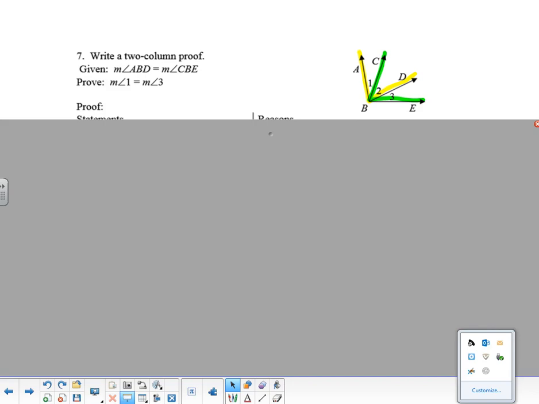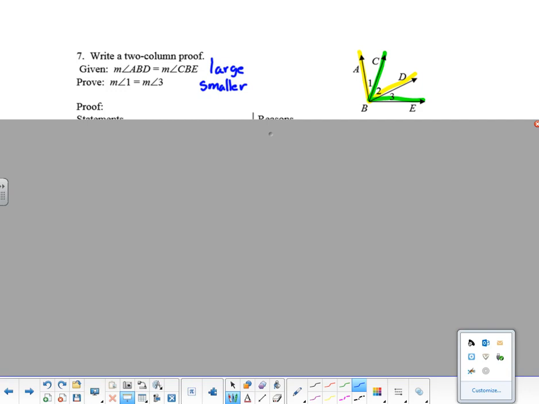Now we're given that the larger angle, ABD, equals the measure of CBE, which I've highlighted here in green, and we're trying to go from a large angle down to a smaller pair of angles.